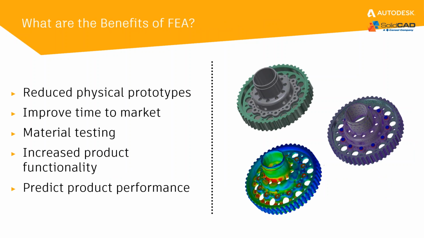Some of the benefits of finite element analysis, first and foremost, reducing the number of physical prototypes with huge cost reductions, improving time to market, allowing for material testing, increased product functionality, and being able to better predict product performance.